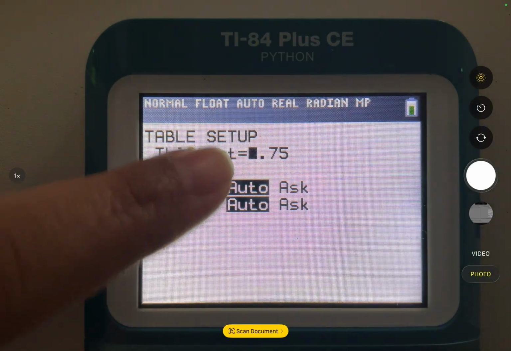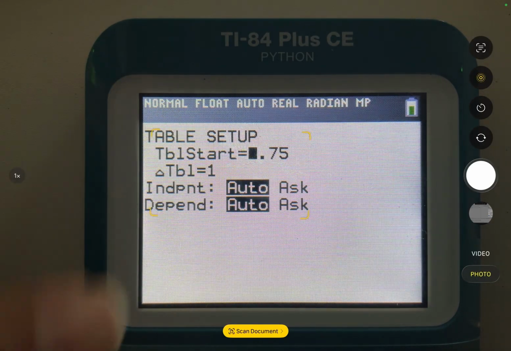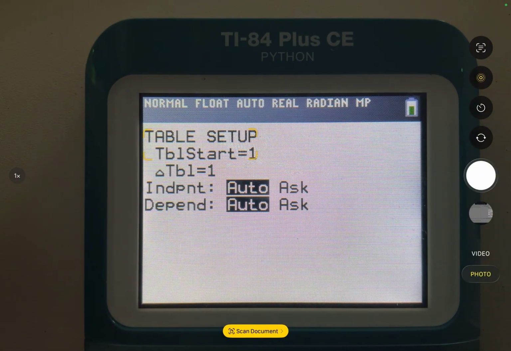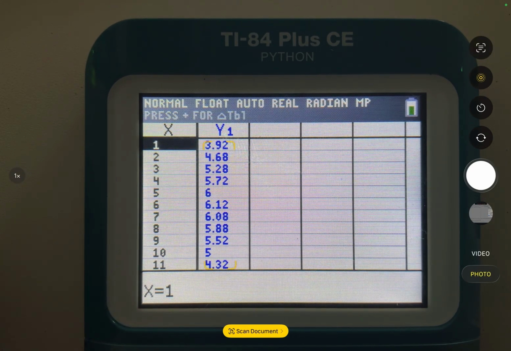If yours is in the 100s, put second window and put a 1. Put 1 right there at the top. Then go back to the table. That should fix it. Let's find some points that we can graph.